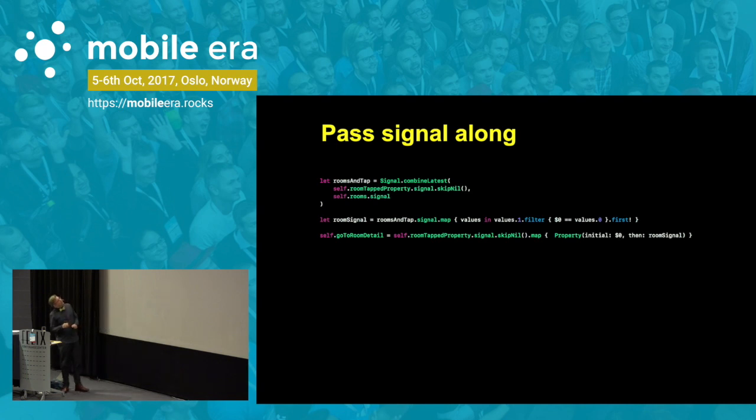So here we make a property with the actual room that is tapped, the room object, and the signal for updating that room. So when we're populating a new view controller with this, we populate it with the room you tapped, and you subscribe to changes with the room signal.